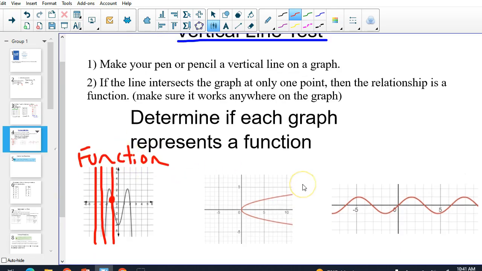Okay? Try to look at this next one and guess if you think it's going to be a function or not. Don't think it's too long, so just give you a couple moments here. Okay. Now, if I draw a vertical line through here, I touch 2 different times. Since it is intersecting at more than 1 point, it is not a function.